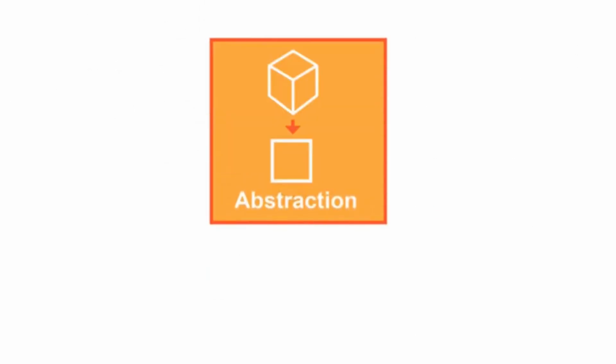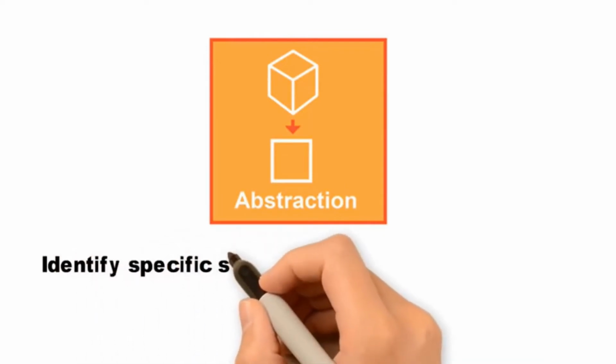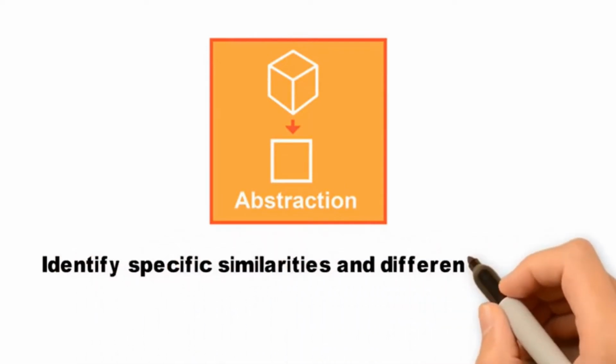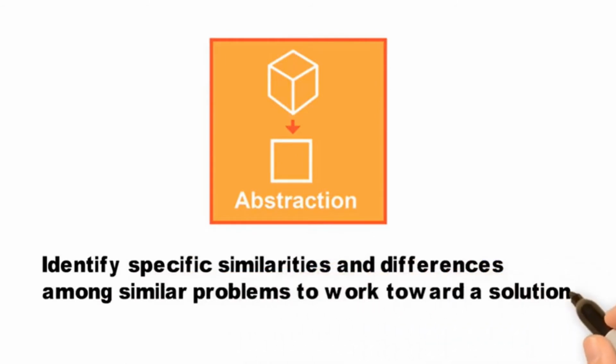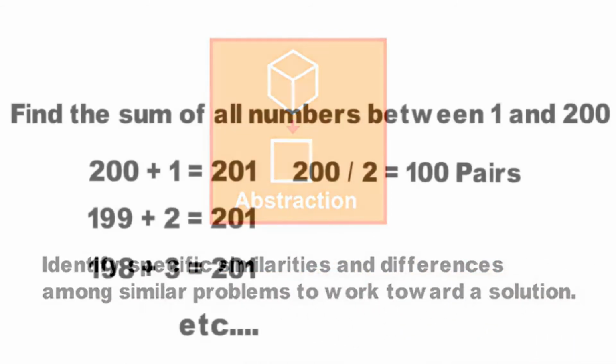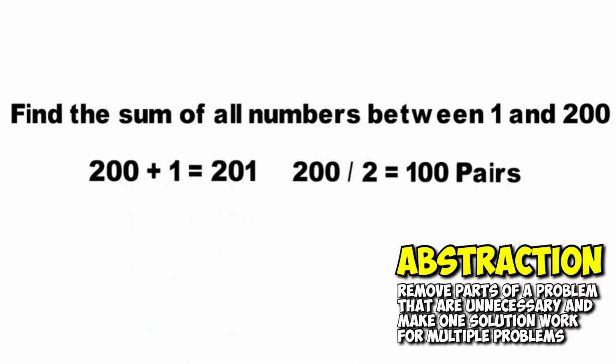Step 3 of the computational thinking process is abstraction. Abstraction suggests we identify specific similarities and differences among similar problems to work towards a solution in our original problem. And in order to do that, we had to find the sum of all numbers between 1 and 200. So let's look for similarities and differences in all of the pairs. Well, one thing we noticed is that all the pairs have the same sum, so we can get rid of those and focus only on the important details.